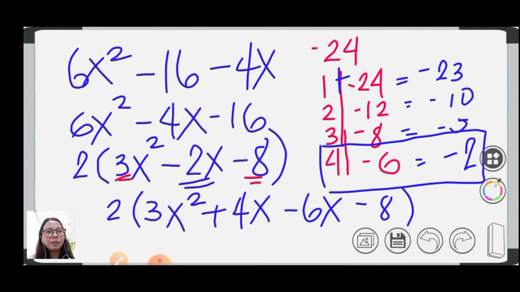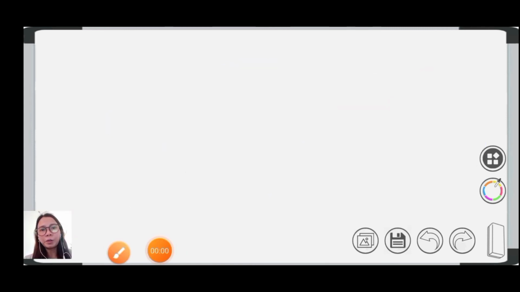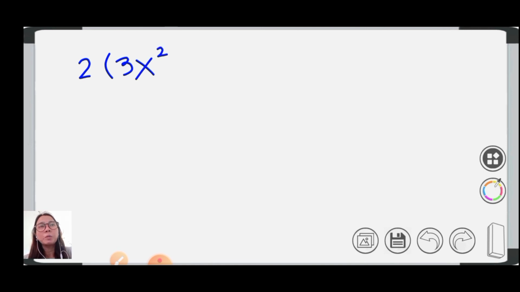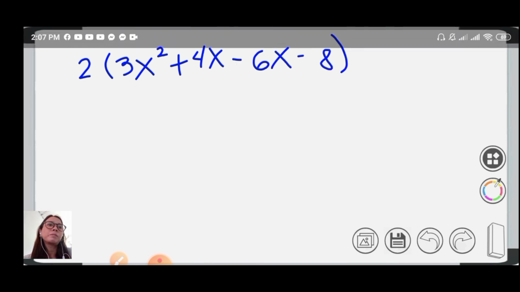Let us group the factors. Let us continue. Here, 2 times the quantity of 3x squared plus 4x minus 6x minus 8.